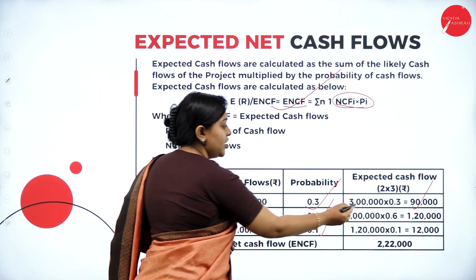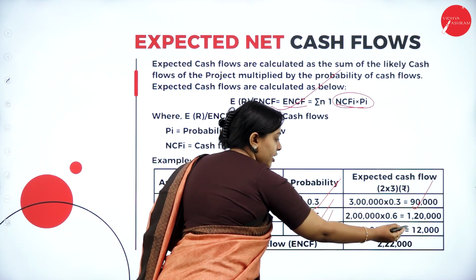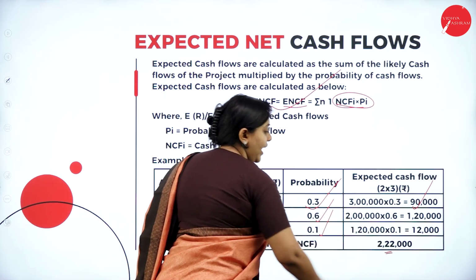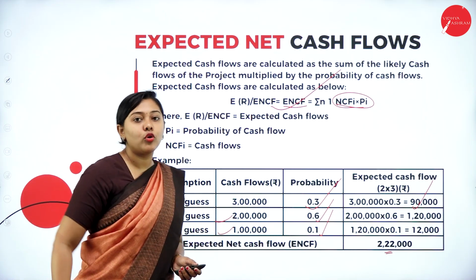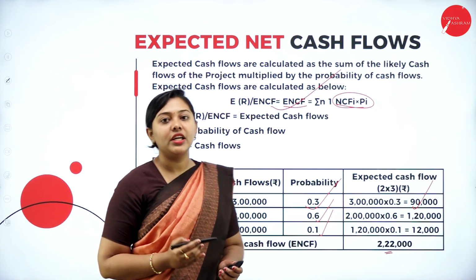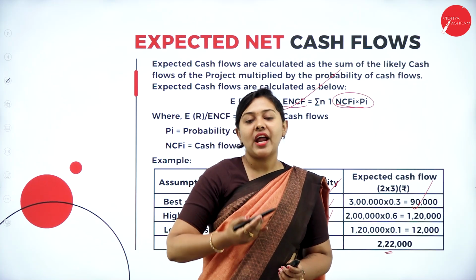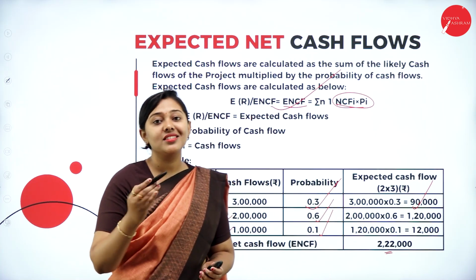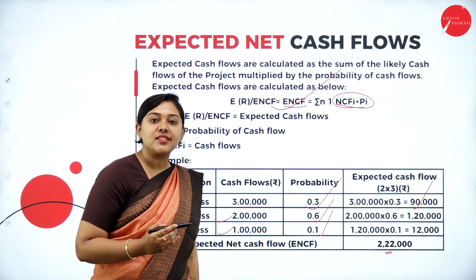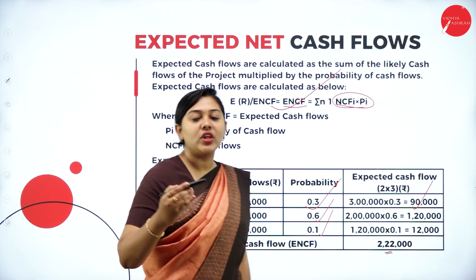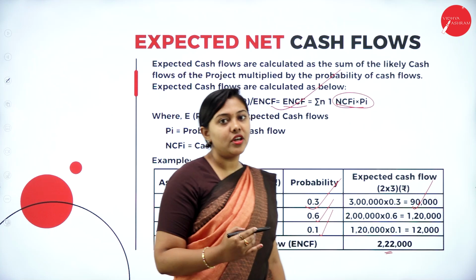So how do you get that? 3 lakh into probability, and the total of it is 2,22,000. So what is that? Your expected net cash flow. For further calculation of your standard deviation, variance and the coefficient of variation, you need to calculate this expected net cash flow. Then only you can calculate the further things.